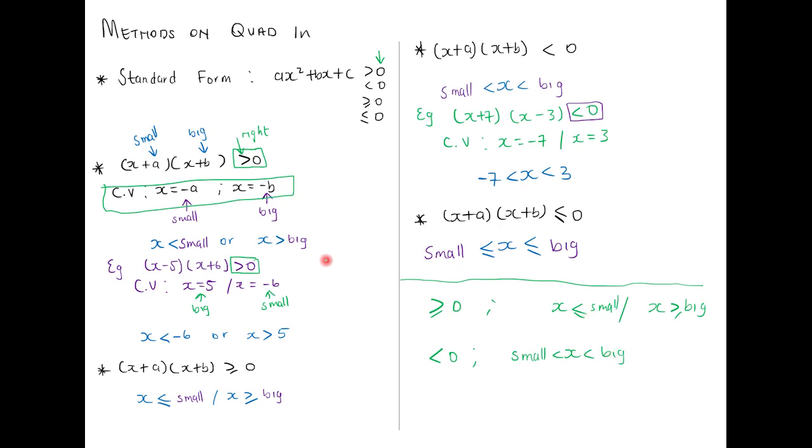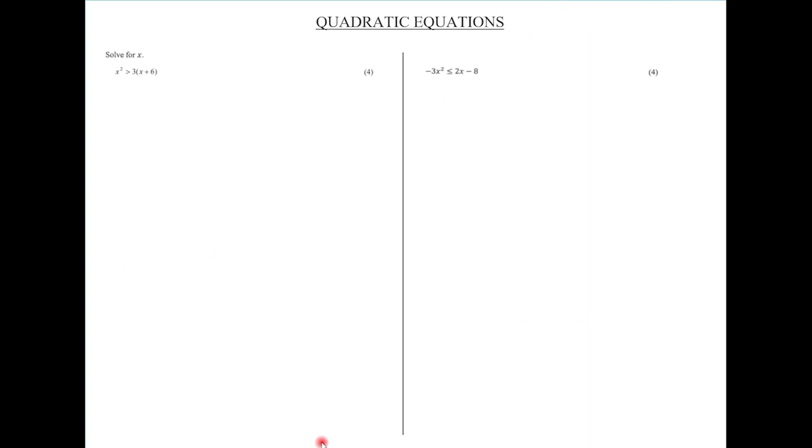So let's go ahead and use what we just spoke about on what we have here. On the first question, we want to solve for x, right? The first thing is standard form. To get the standard form, I first have to multiply out the 3 into x plus 6. So here I have x squared is greater than 3 into x plus 6.